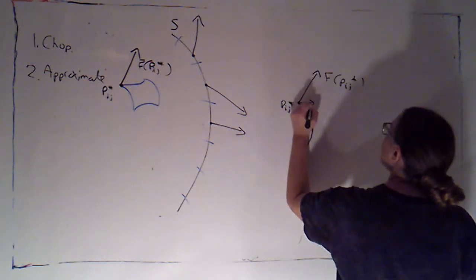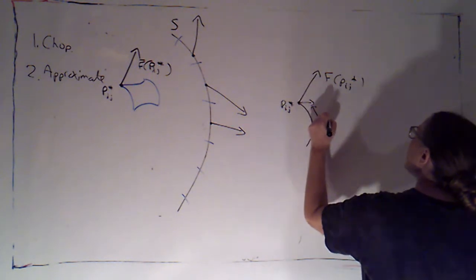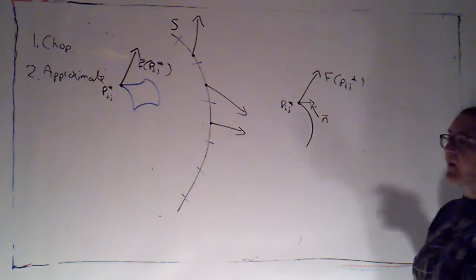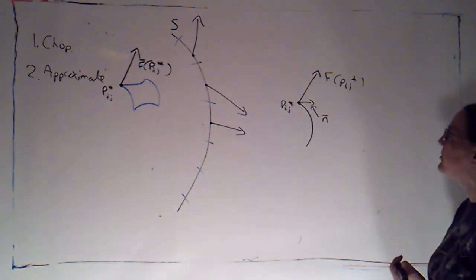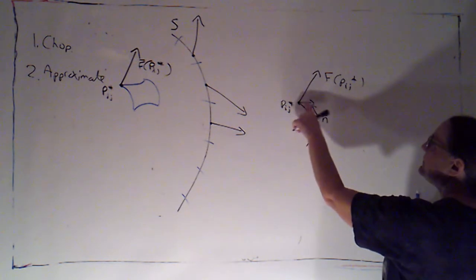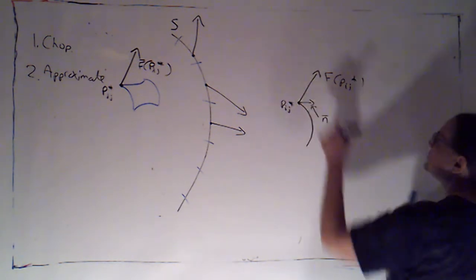But this right here is my normal vector at that particular point. That's the principal unit normal vector. So this is determining what's going to be flowing in the direction.